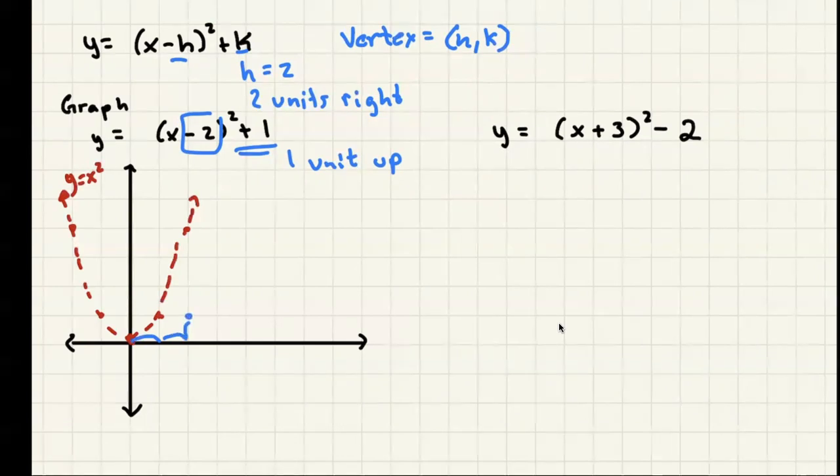So this is going to do the same thing: 2 units to the right, then the same shape, 1, 2, 1. And the vertex here is (2, 1). You went 2 units to the right and 1 unit up.